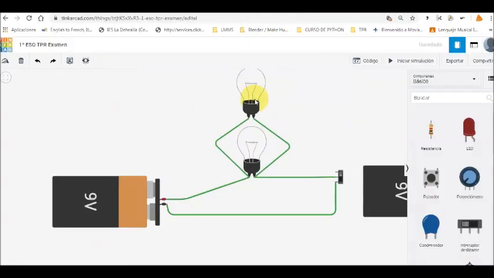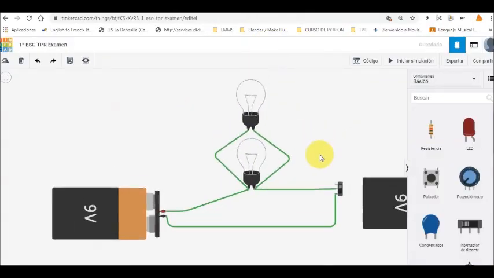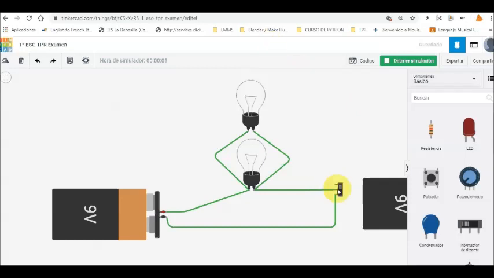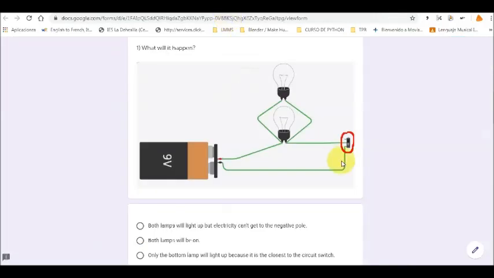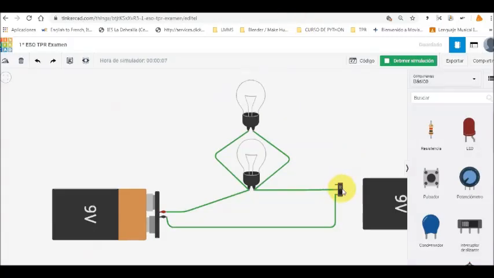So you have exactly the same circuit assembled in Tinkercad. So we are going to start the simulation, and then you'll see that in this situation, but this circuit switch doesn't correspond to this position, right? So we should have this switch at the bottom, okay, the slider at the bottom.